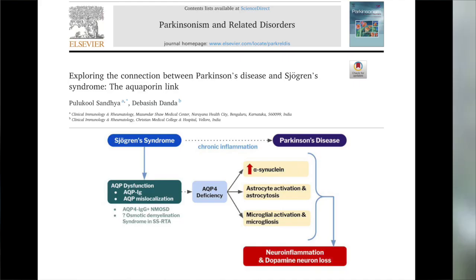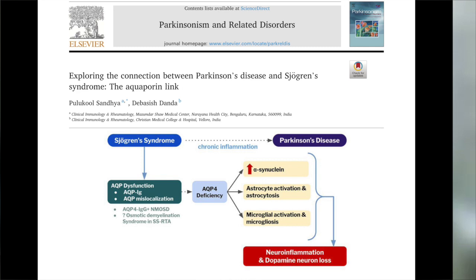And concerning the link between inflammation and Parkinson's disease, we should mention that aquaporin 4 is the link between the glymphatic system and the critical role of aquaporin 4 dysfunction and inflammation, including microglia, astroglia reaction and gliosis, and promote alpha-synuclein deposition and neuronal loss.